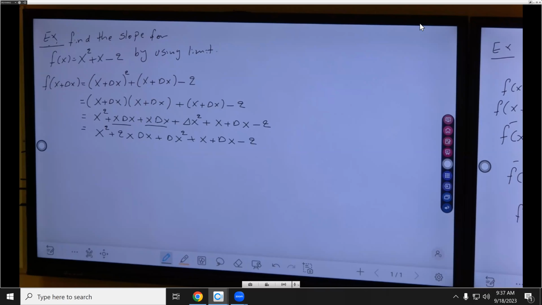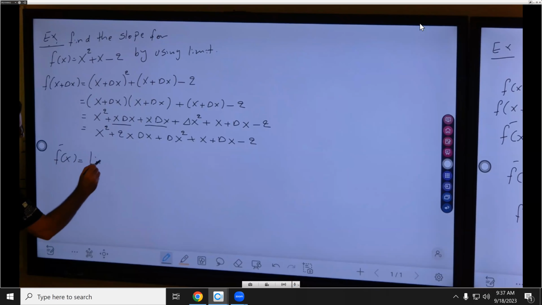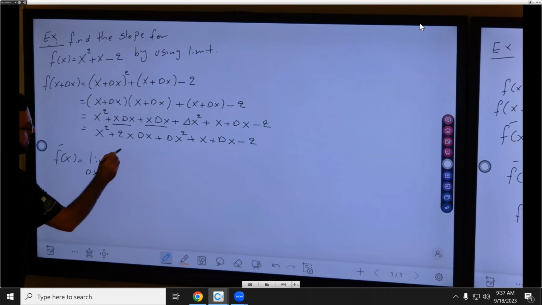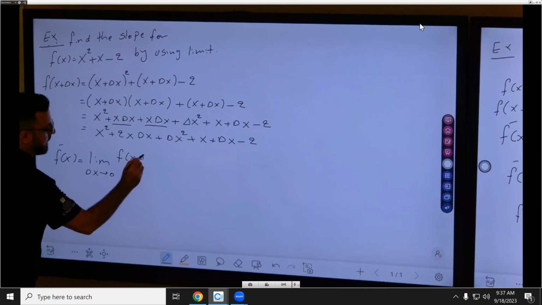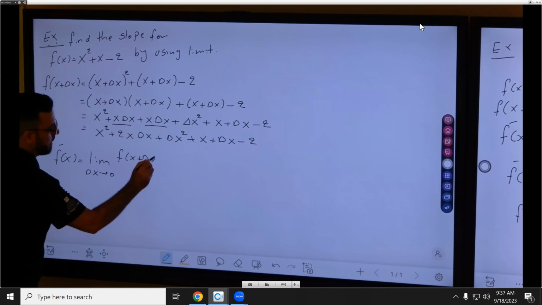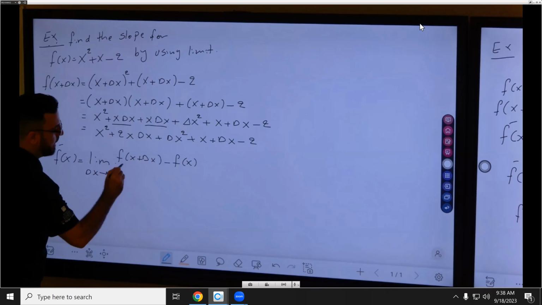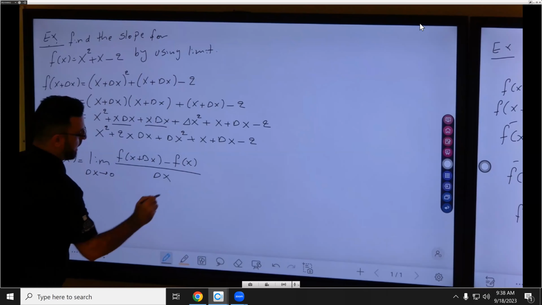Okay. Now we're going to use the limit to find the derivative of this function. It's going to be the limit as delta x approaches 0 of f of x plus delta x minus f of x divided by delta x.